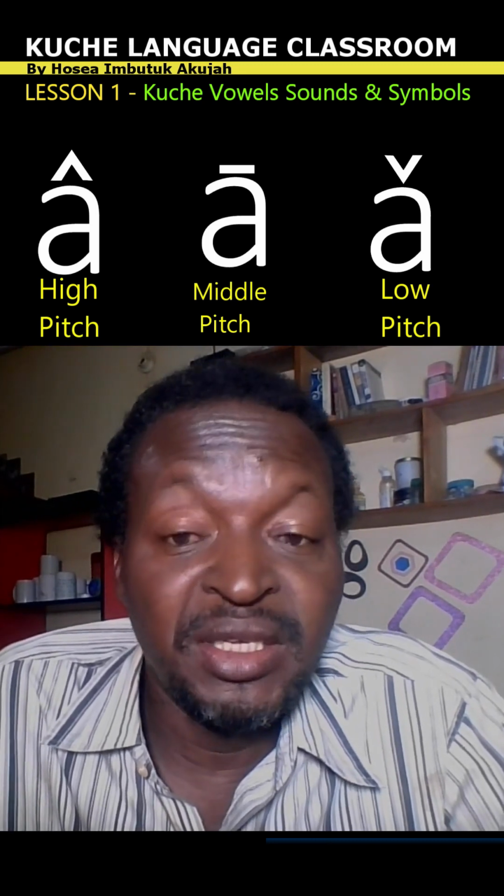So as I'm speaking, you can be looking at the signs as I deliver them. Now we are talking about these sounds. So let's begin to practicalize them. We said we represent the sound of the high pitch with a little arrowhead sitting on the vowels we are talking about.